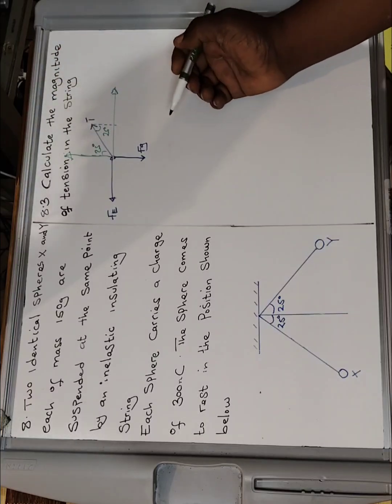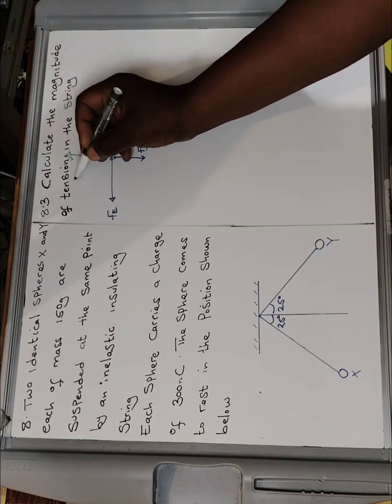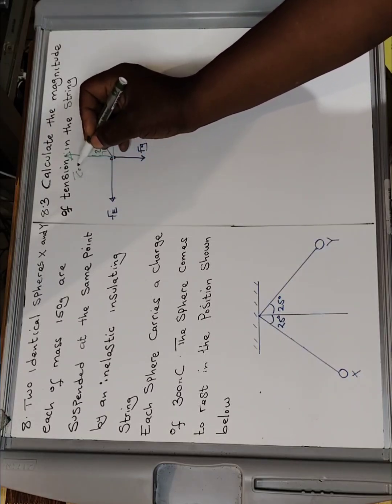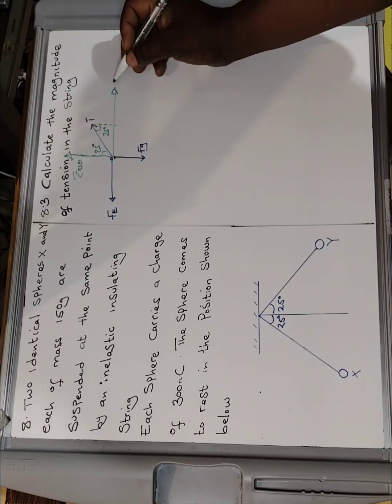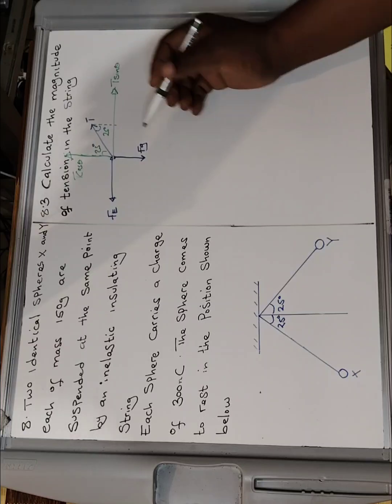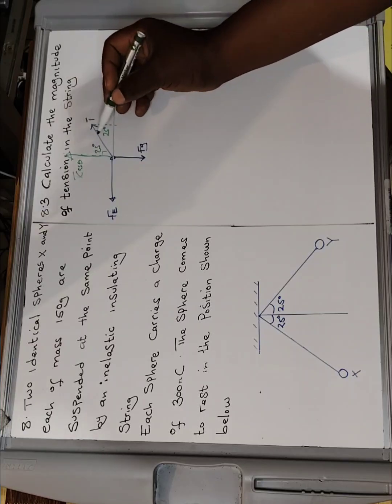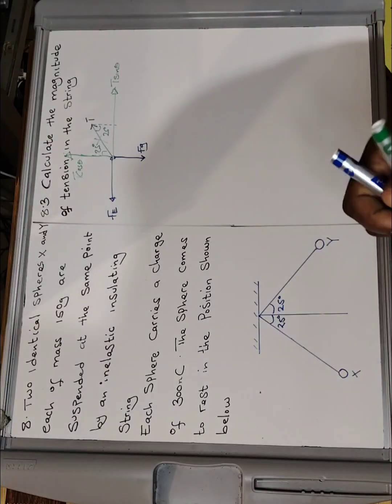You have to know that the component next to the angle is a cos. So what we have here is going to be T cos theta. What we have here is going to be T sine theta. Now, when you have the components, this force has lost meaning. So we can redraw this again.